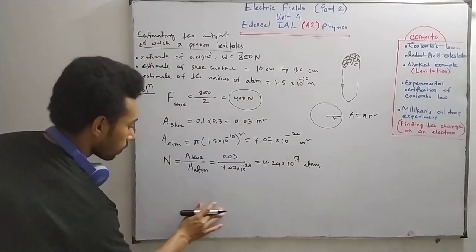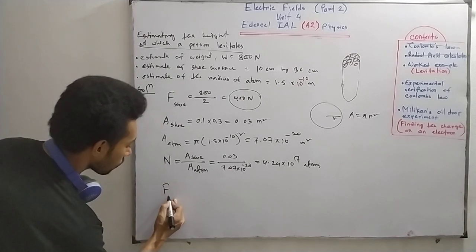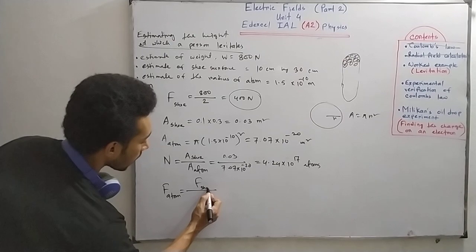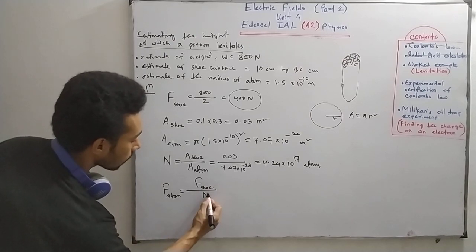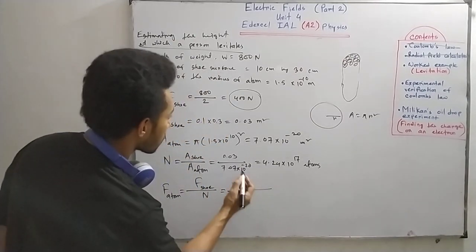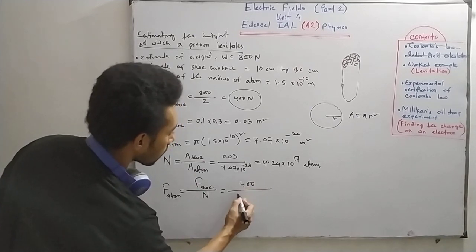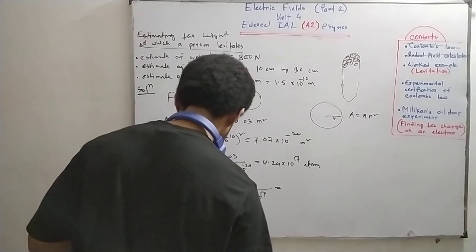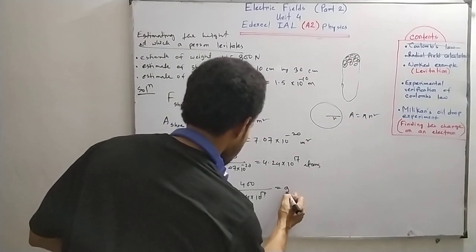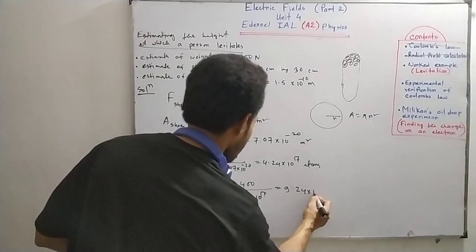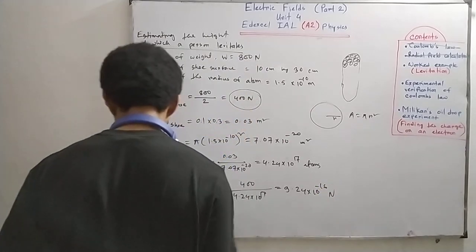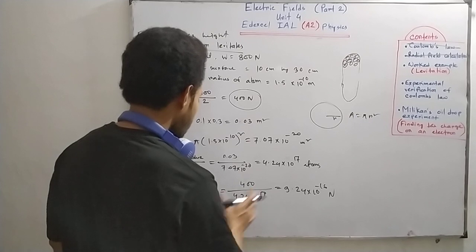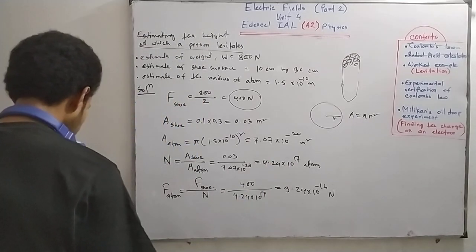So the force supported by one atom will be force supported by shoe divided by number of atoms, 4.24 into 10 to the power 17, and this will be something like 9.24 into 10 to the power minus 16 Newton. So this is the force supported by one atom.